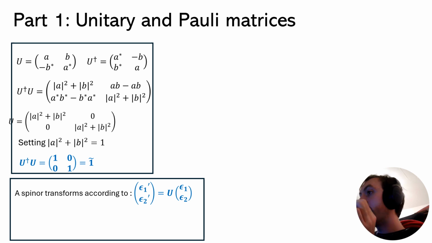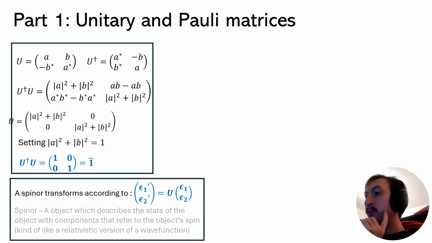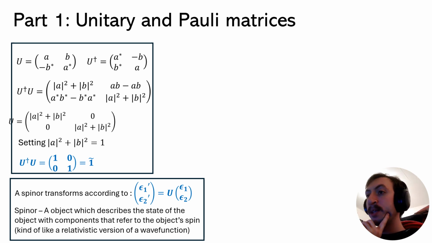And a spinor will transform via a unitary evolution which has one of our Pauli matrices as one of its Hermitian matrices. So a spinor is an object which describes the state of an object with components that refer to the object's spin.